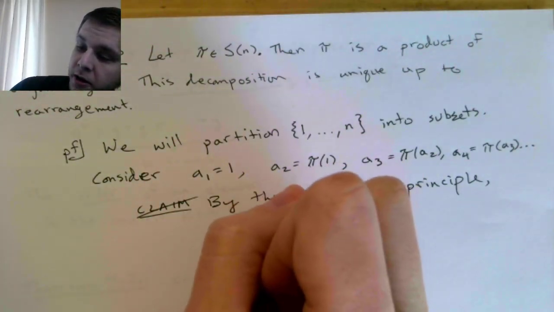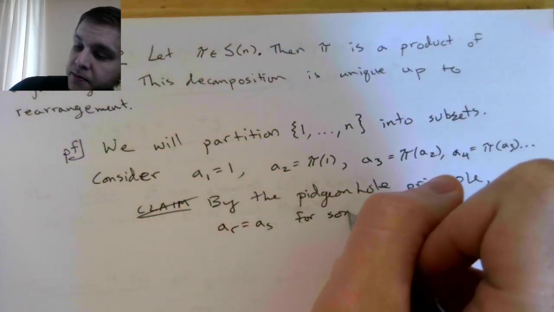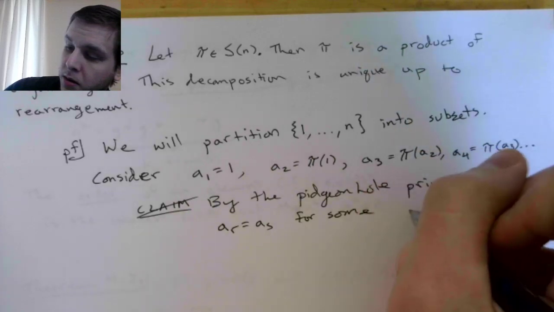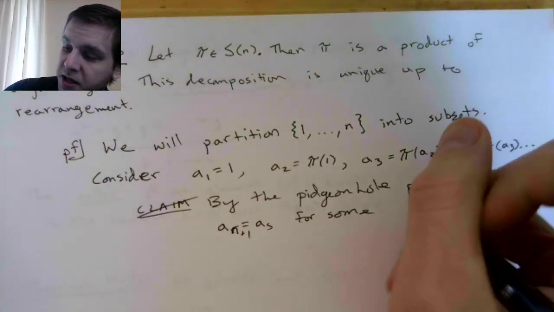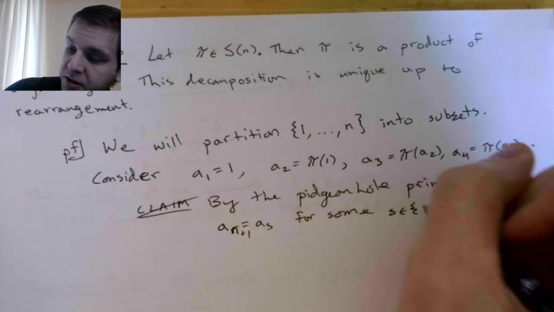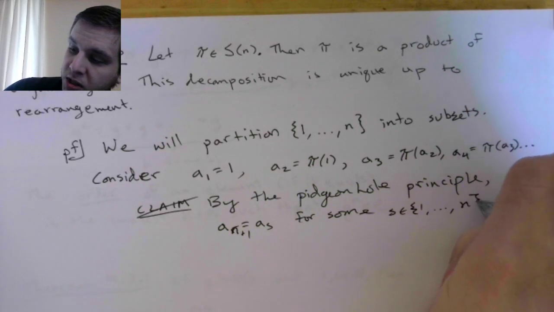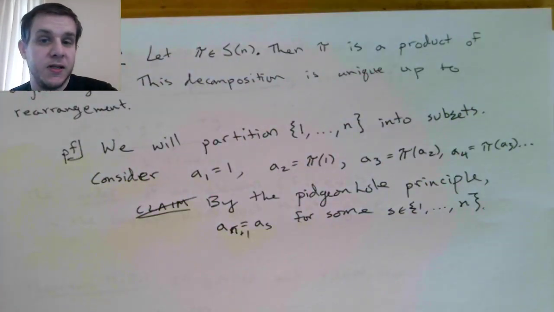In fact, a_{n+1} equals a_s for some s in my original set. Because once I list more than n elements, this set has to have eventually repeated itself.